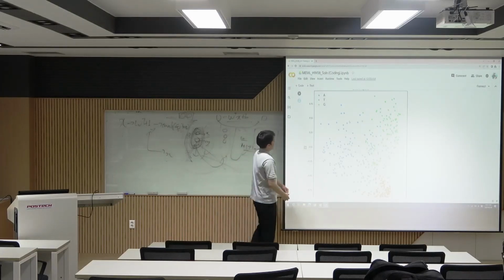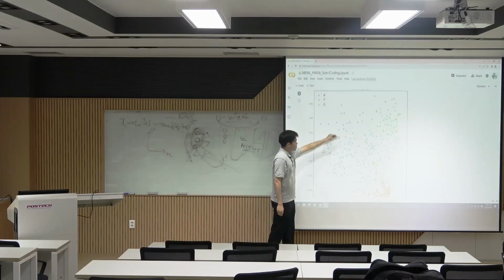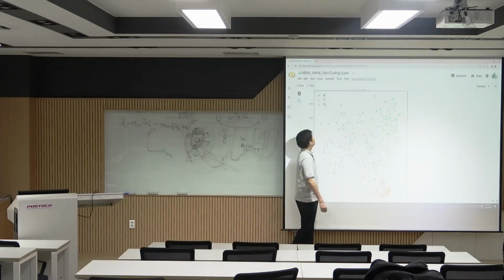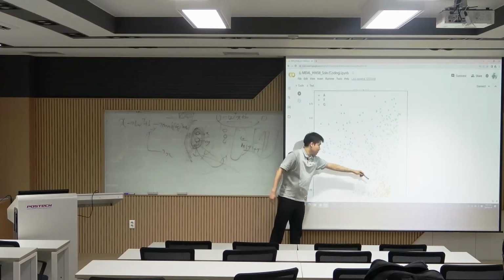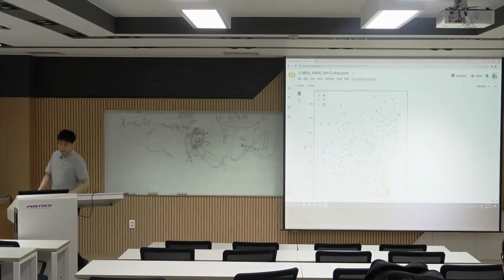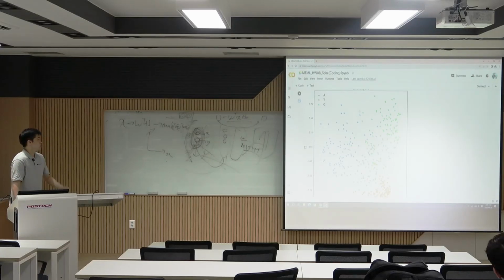As you can see, A is grouped here, G is grouped here, and Y is grouped below over there, okay? So by reducing into two dimensions, you can visualize very easily.